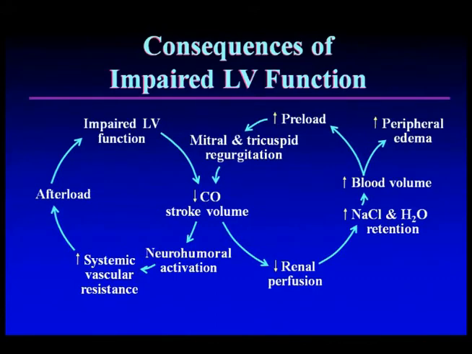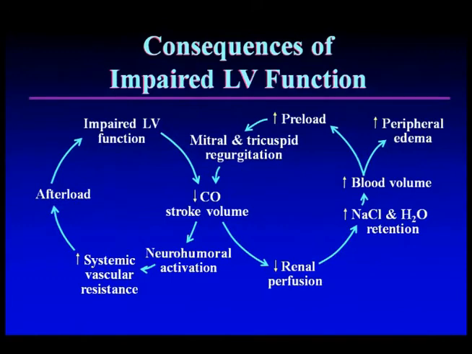This is from some years ago, but things have not changed significantly in that period of time in terms of New York Heart Class. So somebody with no heart failure or New York Heart Association Class 1 would be up here. Somebody in Class 2 or 3 heart failure. Class 2 is somebody who is symptomatic with exertion. Class 3 is somebody who is symptomatic with normal activity.